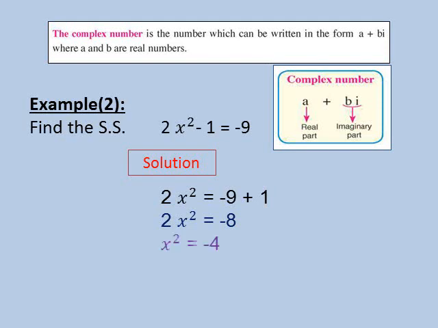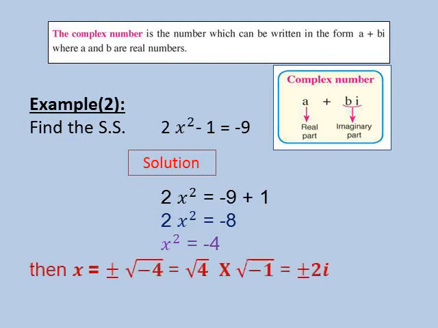We will divide by 2. x power 2 will equal negative 4. By taking the square root, we will put positive and negative root of negative 4. The root of a negative gives us i, and the root of 4 is 2. So x will be positive 2i and negative 2i.